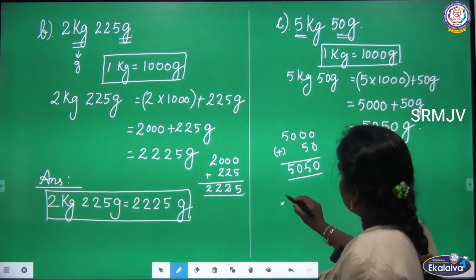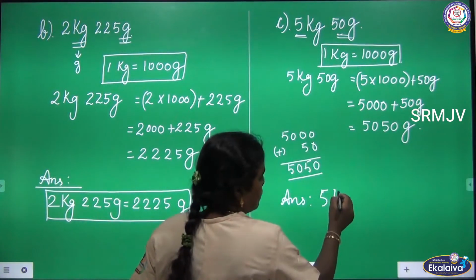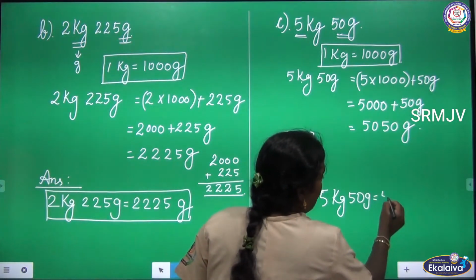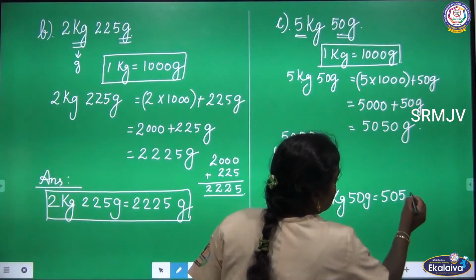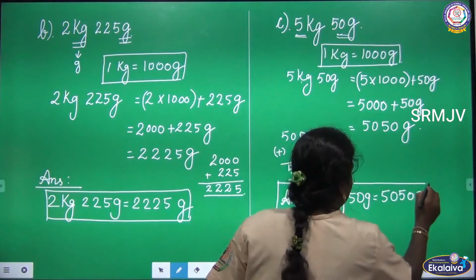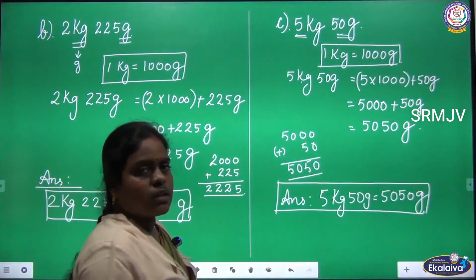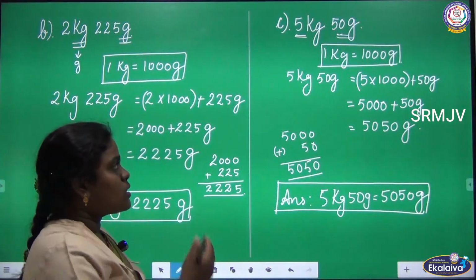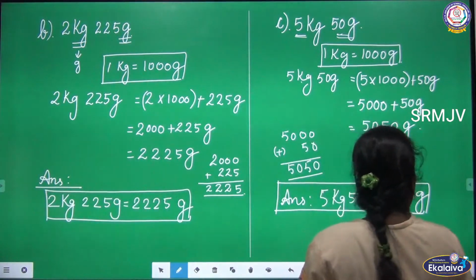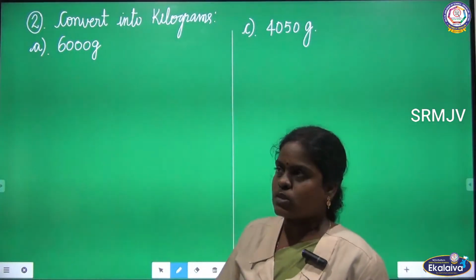So let us write the answer. 5 kilogram and 50 gram equals 5050 gram. So to convert kilogram into gram, we have used the formula 1 kilogram equals 1000 gram. That means we have to multiply the number by 1000.